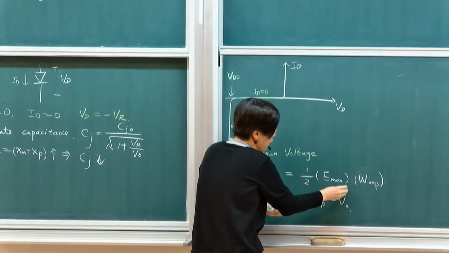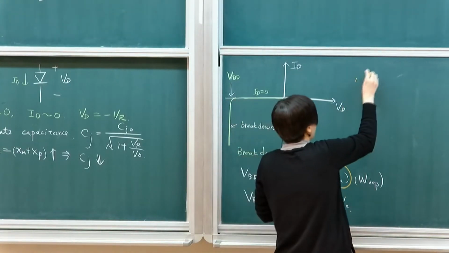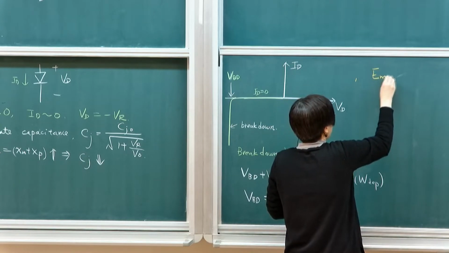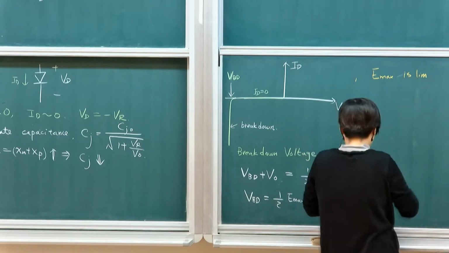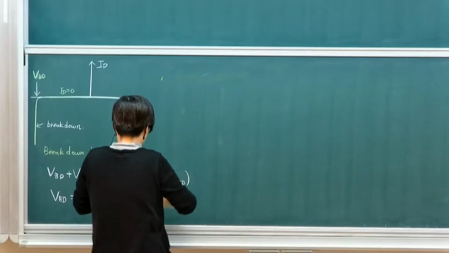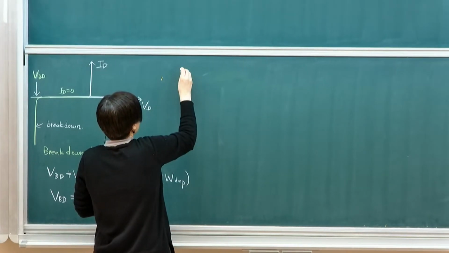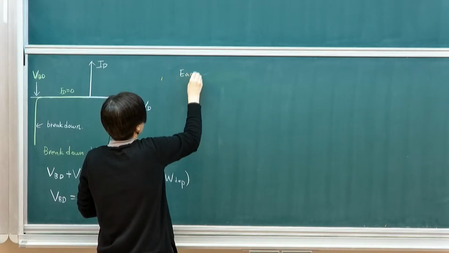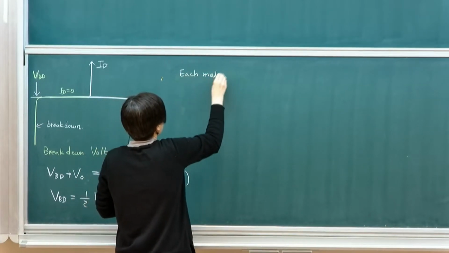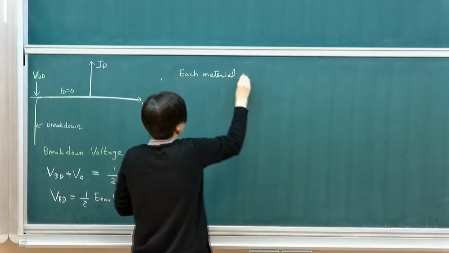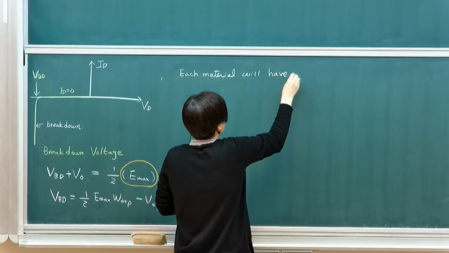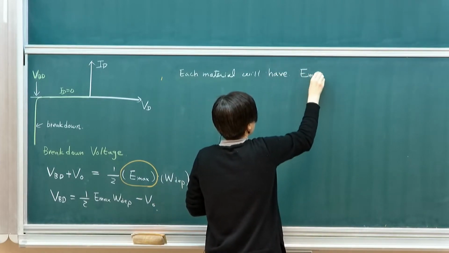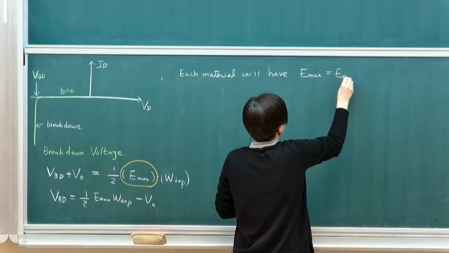What is the upper ceiling, the limitation, what causes breakdown is actually the maximum voltage that can be sustained. So what happens is E max is limited. Each material has a maximum that can be endured, typically referred to as the critical field.